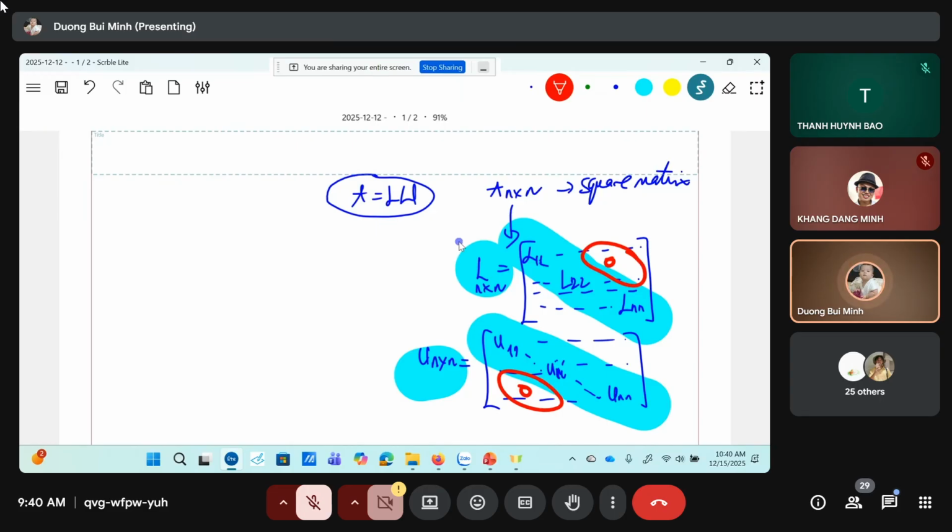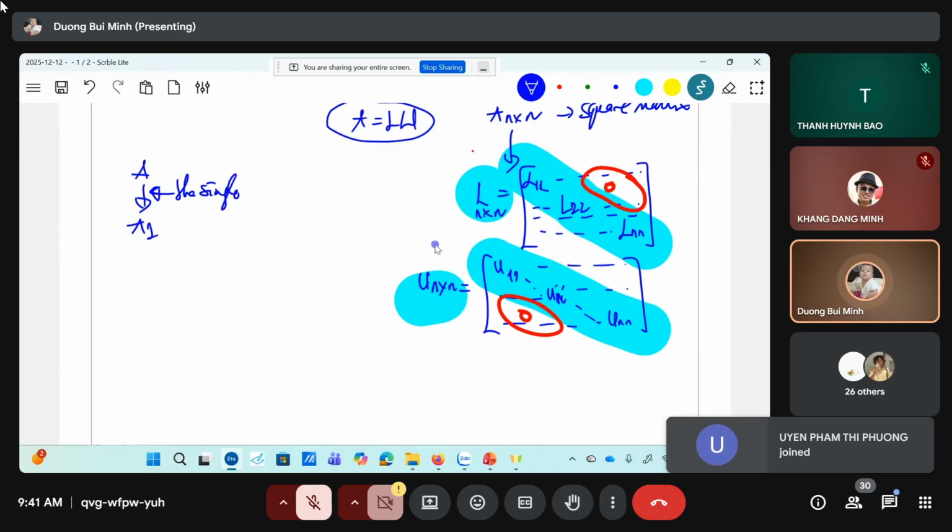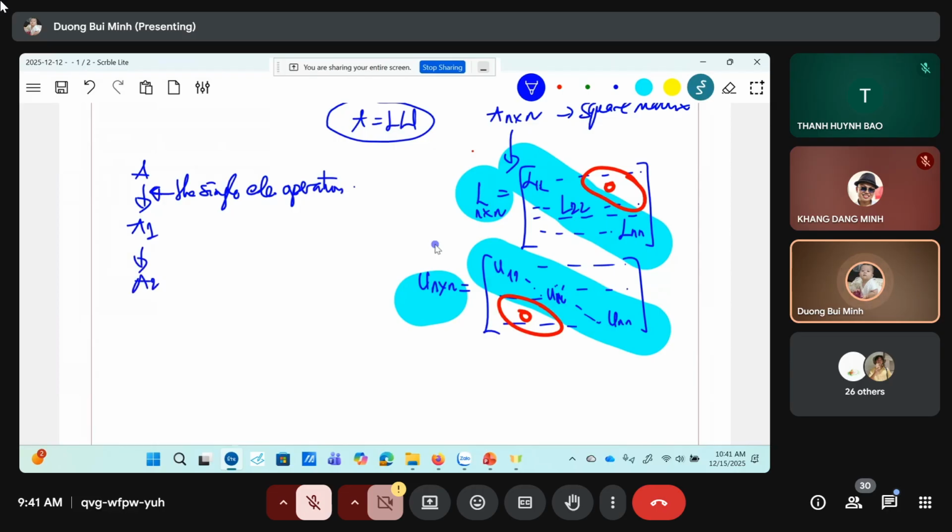So this is the format. Now we have A. We would like to get A1. Remember, we just apply a single elementary operation, and then you can get A2 after some steps. You can get AK, and AK is like U. So how can you get this? Because this is Gaussian elimination, you can get U.